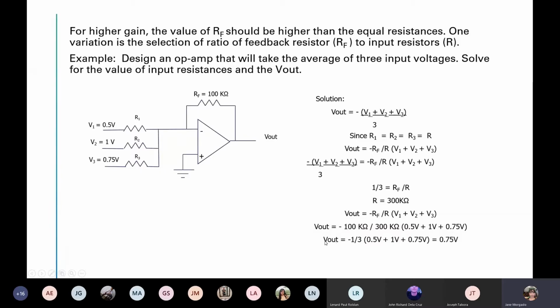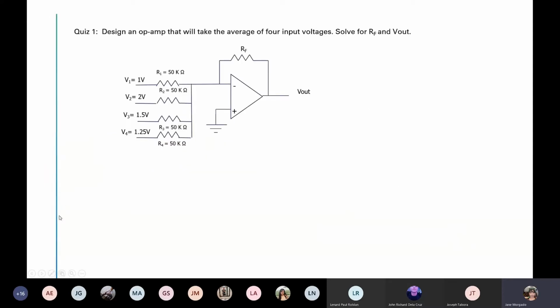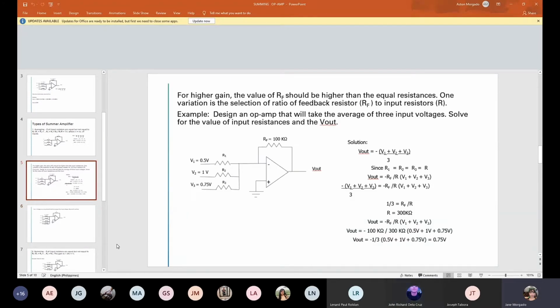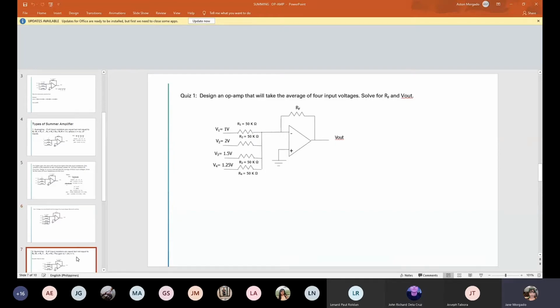Computing yung lahat yan, and you'll arrive at negative 0.75 volts. Negative means just a reversal in polarity, has nothing to do with the amplitude. Try nyo do. Have you tried? Yes ma'am, tama po yung lumabas. Okay. Then we have a quiz later.